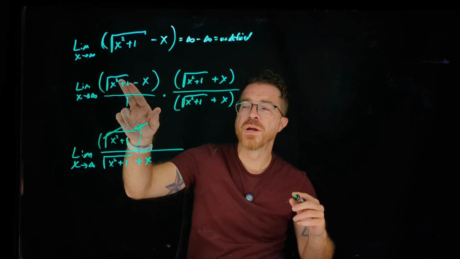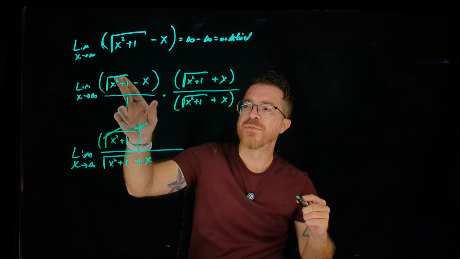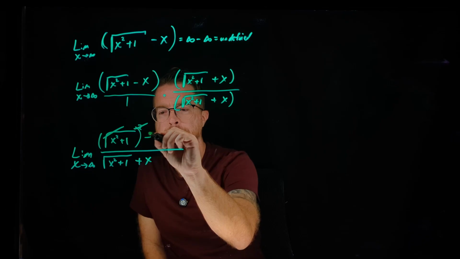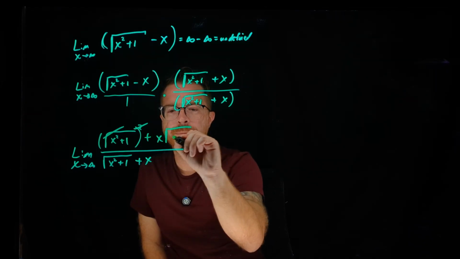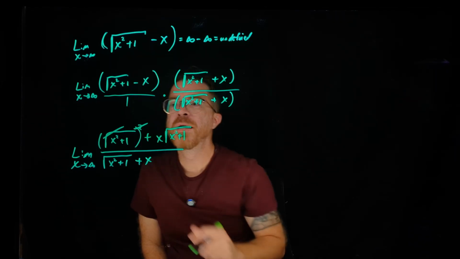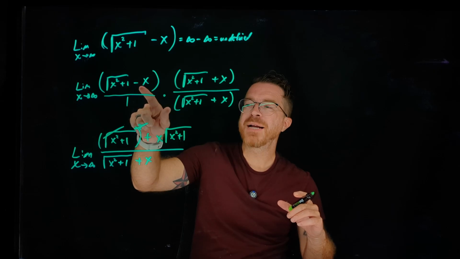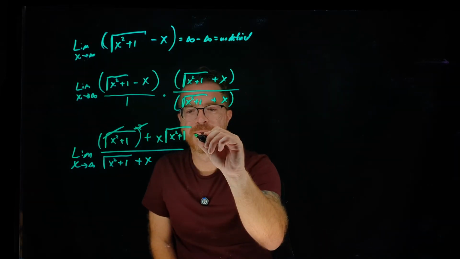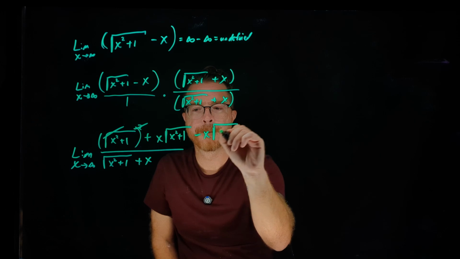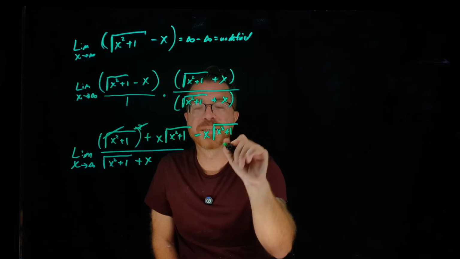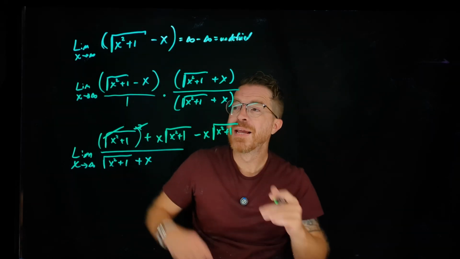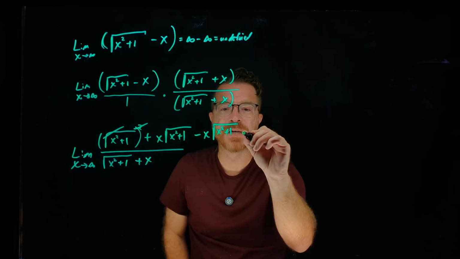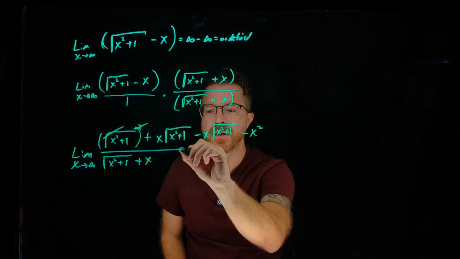Then we're going to do our outer terms, so we have the square root of x squared plus 1 times x, and then our inner terms, minus the square root of x squared plus 1 times x. And this is actually why this trick works out so well. And then we'll do our last terms. Minus x times positive x is going to be minus x squared.